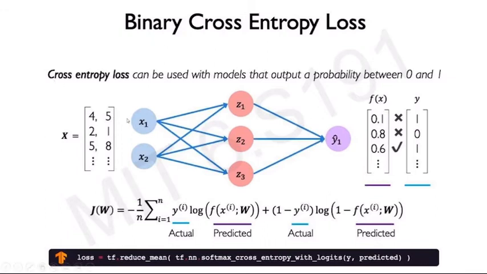And of course, the cross entropy loss is this, where you have the actual and you have the predicted. So J(W), when you put this into consideration, is what we call the binary cross entropy loss.